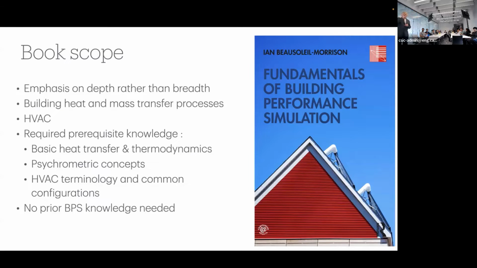But I've written this book and my teaching method on the presumption that the people working with it have a basic understanding of heat transfer and thermodynamic processes, a little bit of understanding of psychrometrics, a little bit of understanding of building HVAC systems, but they're not experts in these areas, and they have no previous experience at using BPS tools.